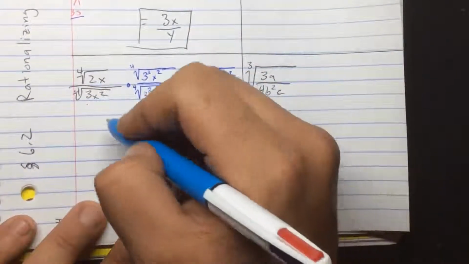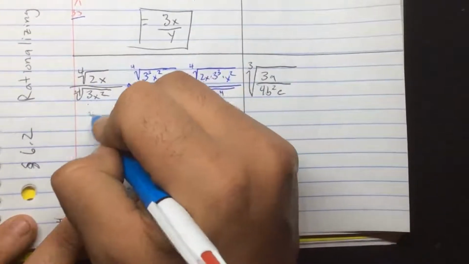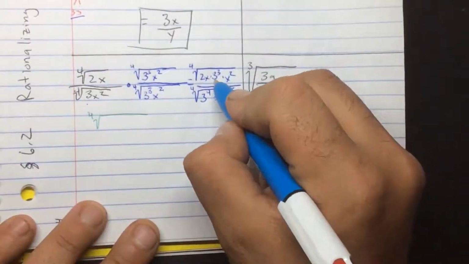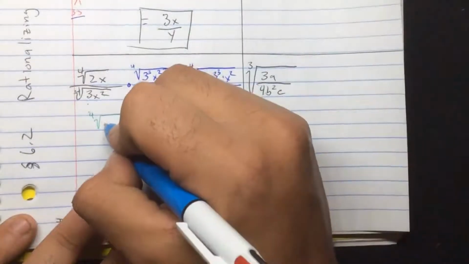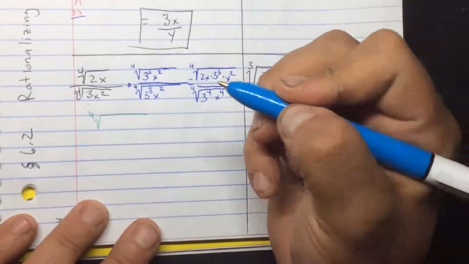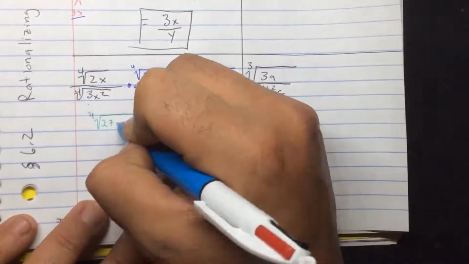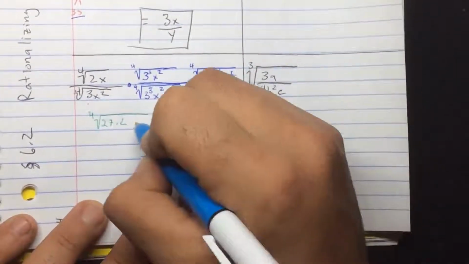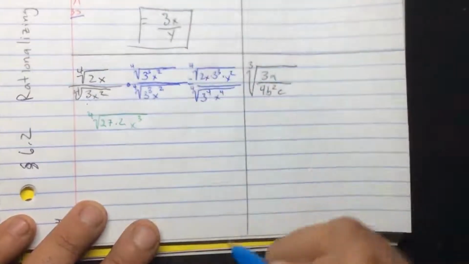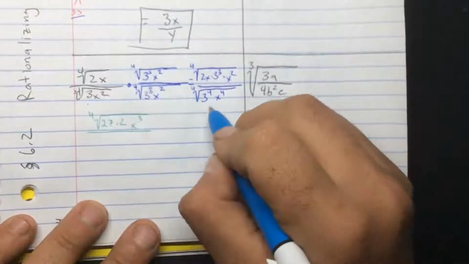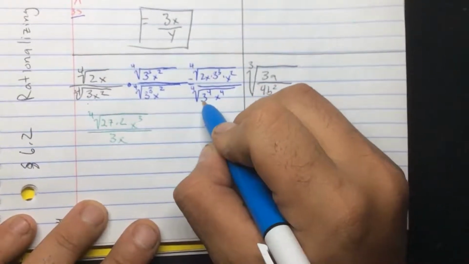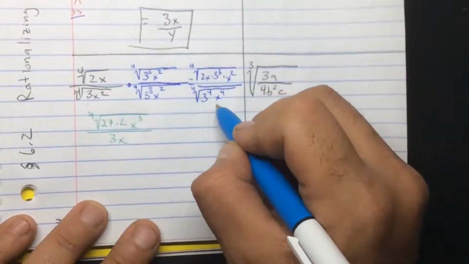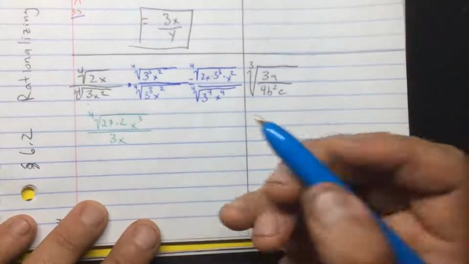we're going to have the fourth root of 3 cubed is 3 times 3 times 3, so 3 times 3 is 9 times 3 is 27, times 2x cubed, divided by 3x, because the fourth root of 3 to the fourth power is 3, and the fourth root of x to the fourth power is x.